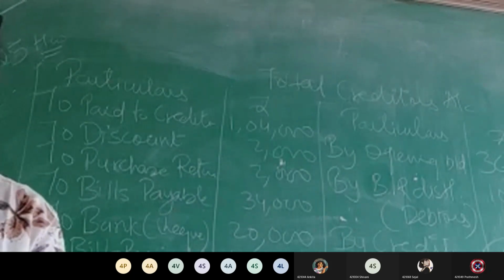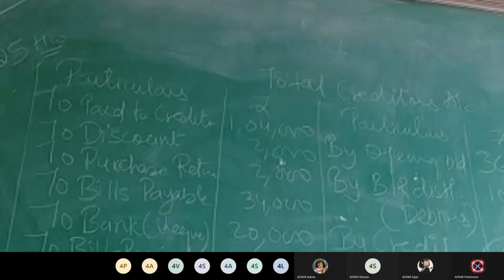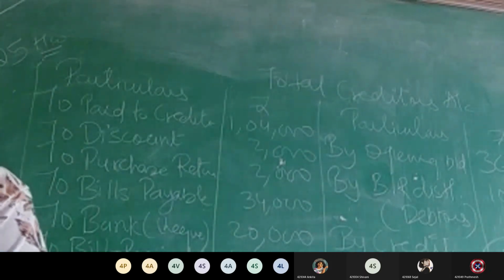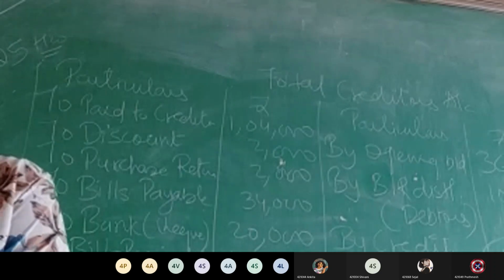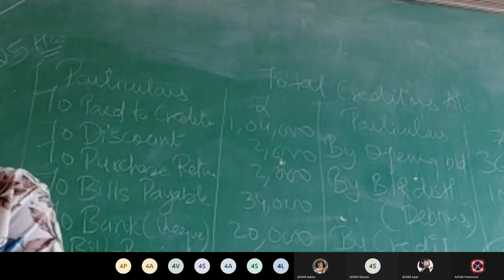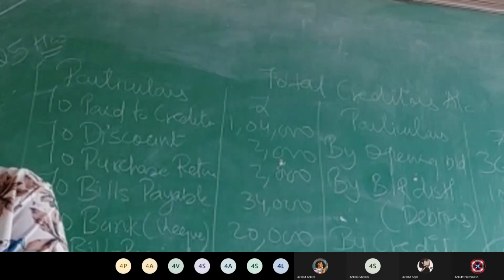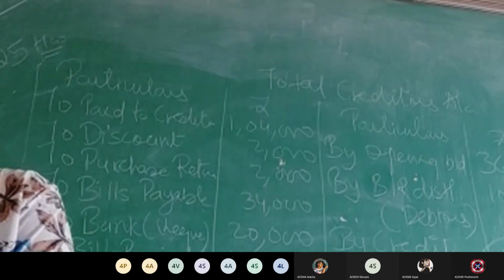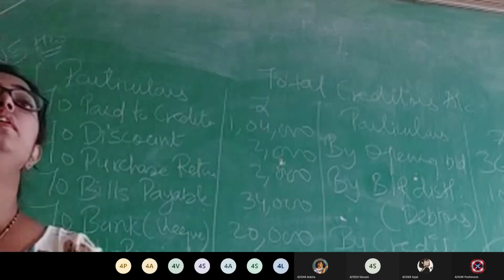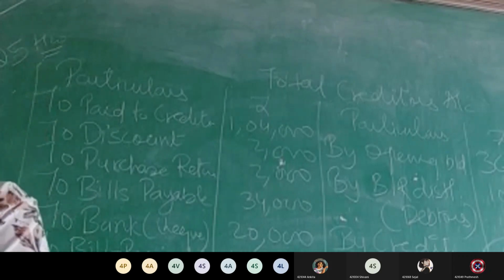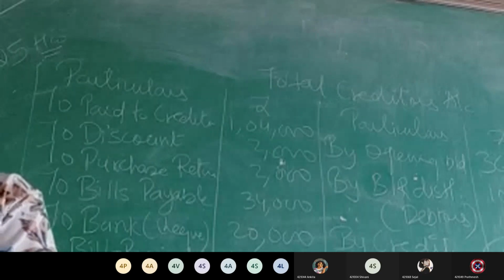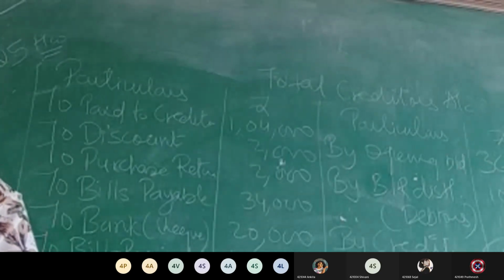Third one, sales made during 2016 is 3,25,000. Next, stock on 31st December 2016. This becomes my closing stock. Stock on 31st December 2016, rupees 60,000.